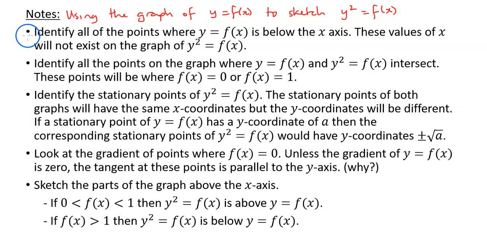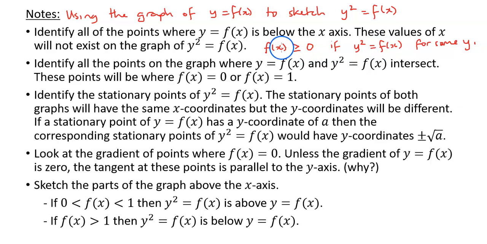So the first one: identify all of the points where y equals f of x is below the x-axis. These values of x will not exist on the graph of y squared equals f of x, because f of x needs to be greater than or equal to 0 if y squared is equal to f of x for some value of y.